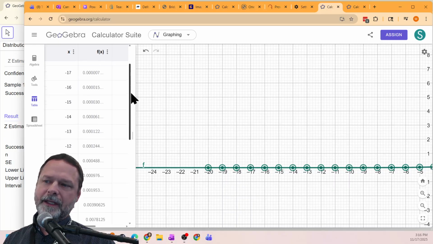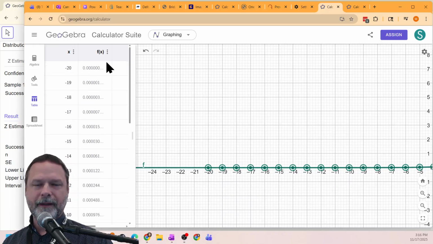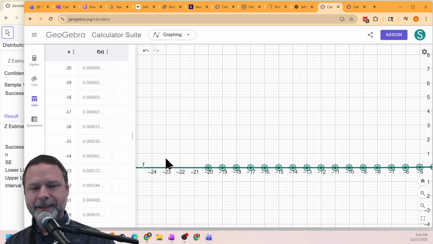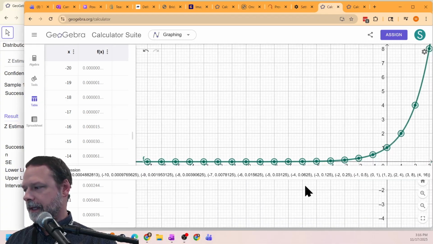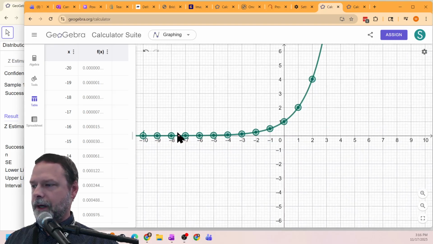And it just keeps doing that. 1 over 2 to the 20th, I don't know what that is, super small, but it's still positive. And so it gets closer and closer to 0, but never touches it. And that's a feature with exponential functions, is we have this horizontal asymptote. The basic one, the one we're looking at, the horizontal asymptote is y equals 0.